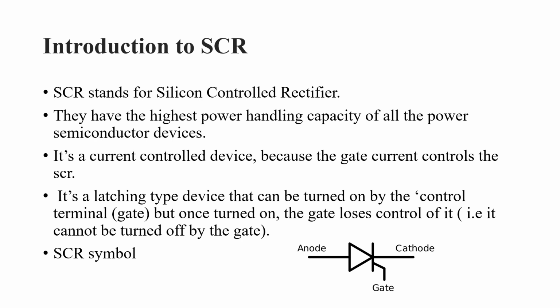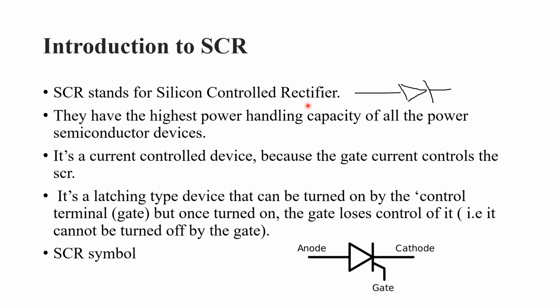This is the symbol of diode. And now obviously if it is a silicon controlled rectifier, it will be made up of silicon. Talking about rectifiers, we have other types of rectifiers like half wave rectifier, full wave rectifier, bridge rectifier.